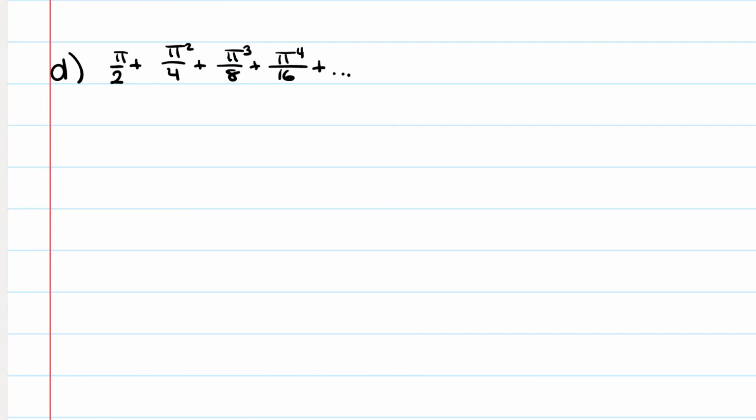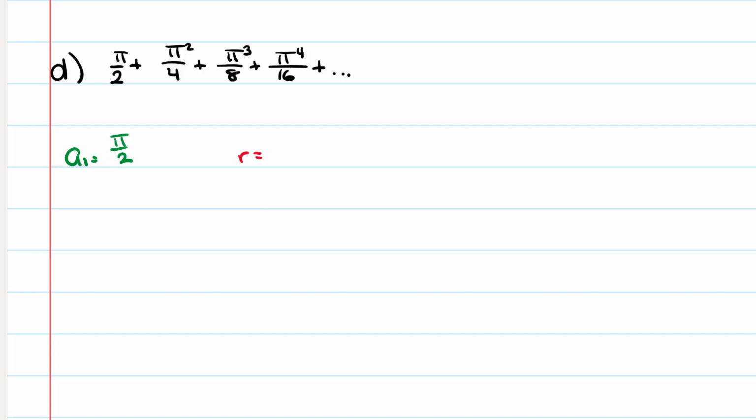All right, so we have pi over 2, pi squared over 4, pi cubed over 8, and pi to the 4th over 16. First step, identify that first term. It's going to be pi over 2. The next step is we have to identify r. Now I know this is going to be geometric, so I can divide two of the terms.